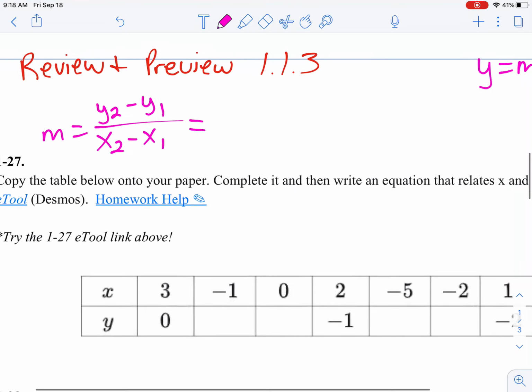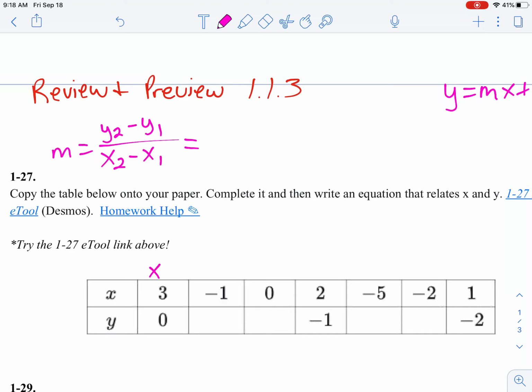Let's just use any of your values here for your x and y, and I'm going to say that this is x1 and this is y1. That's from a point, and then I can say that this is x2 and this is y2. So now if I use the y2, which is a -1, minus y1, which is a 0, and then x2, which is a 2, minus x1, which is a 3, then I will get a -1 over -1, which means my slope is 1.